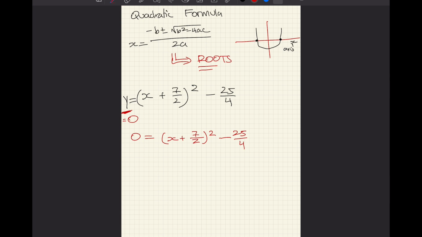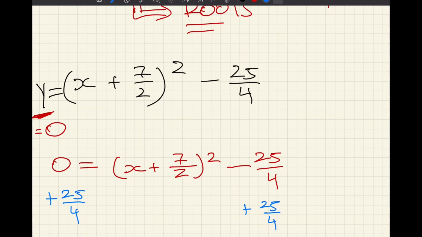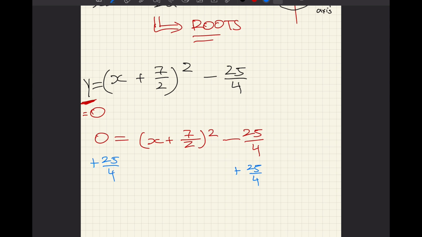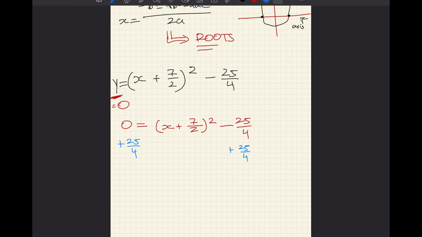So we add 25/4 to both sides. Minus 25/4 plus 25/4 equals 0, and then we get plus 25/4 on this side. So 25/4 equals (x + 7/2)².